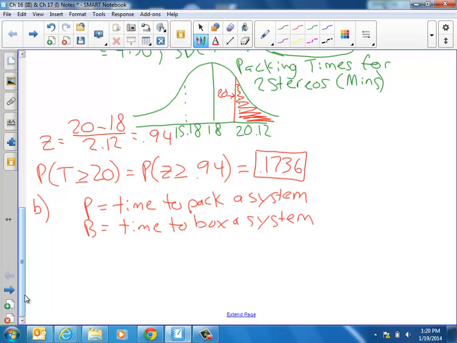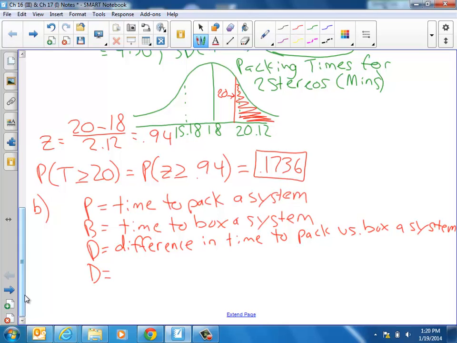And the thing we care about, using that logic I just identified for you, is the difference between the two. We're going to let capital D be the difference in time to pack versus box a stereo system. All right? So D is equal to time to pack a box minus the time to box a box.